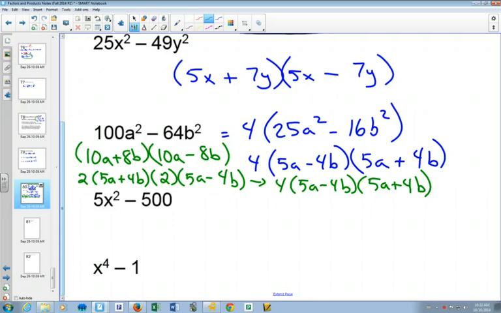Is 500 a perfect square? No. Is 5 a perfect square? No. So right now, this isn't a difference of squares. What can you do with it, though?